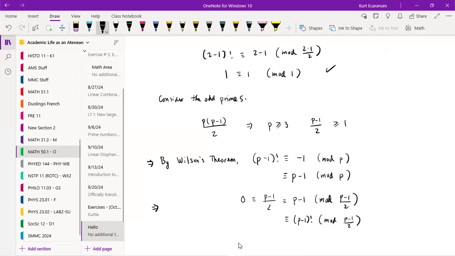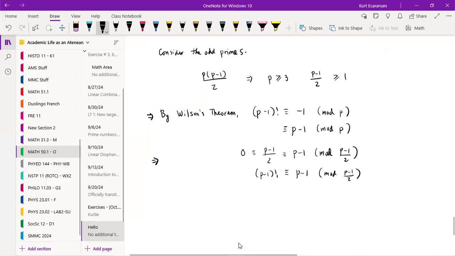Parang ang laki eh. Parang ang laki kung i-evaluate mo yung p as a prime, parang ang laking number naman nun. But hey, this is still a multiple. Okay? So para bang lipat ko lang (p minus 1) factorial, p minus 1.